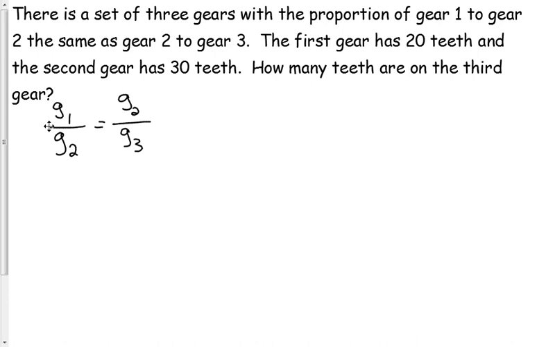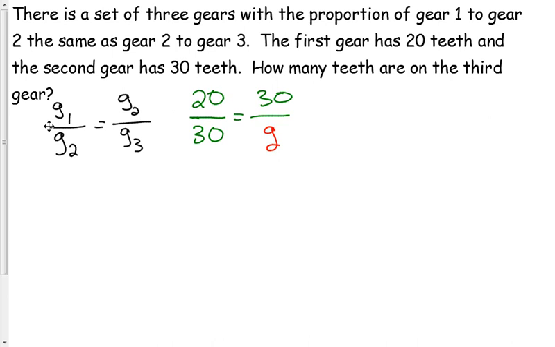And now what we're going to do is plug in numbers for the values we know. We know gear 1 is 20, so we'll put in 20 for gear 1. And the second gear, or gear 2 as we've been calling it, is 30. And we're solving for gear 3 in this case. Notice we have the geometric mean and we're solving.